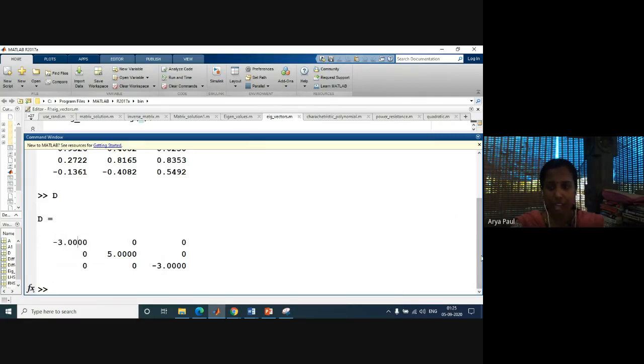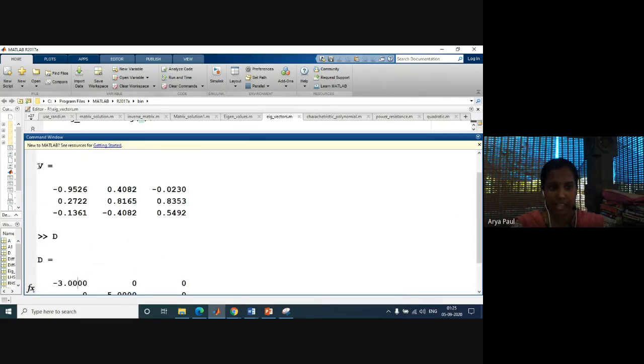Here, this is the eigenvector V. The first column corresponds to the eigenvector corresponding to the first eigenvalue minus 3. So this first column will give you the eigenvector of minus 3.